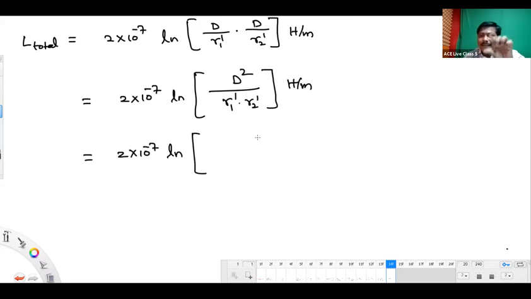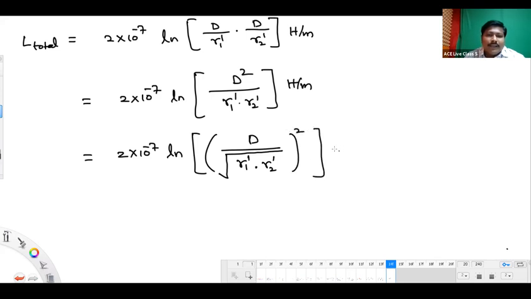Just observe, I'm rewriting this d square by r1 dash into r2 dash term as d by root of r1 dash r2 dash, whole square, Henry by meter.